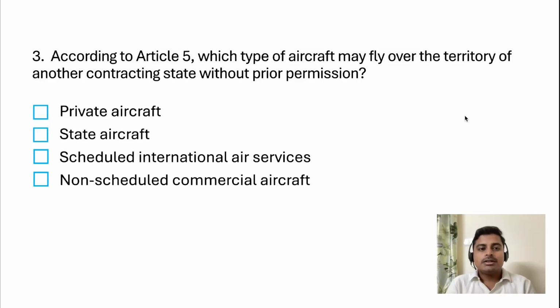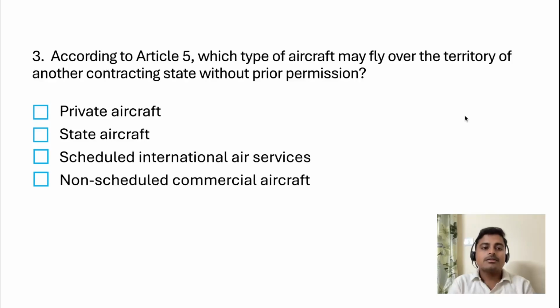Third question, according to Article 5, which type of aircraft may fly over the territory of another contracting state without prior permission? As we know, every state has exclusive rights over its airspace. They have sovereignty over their airspace, so they can allow or deny any aircraft from any other state. So which aircraft has the right to fly over without taking prior permission?